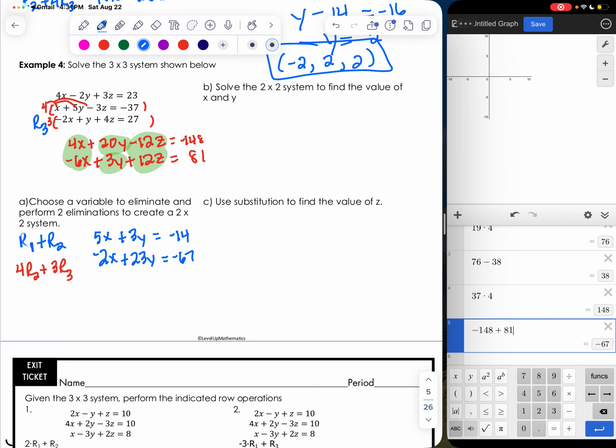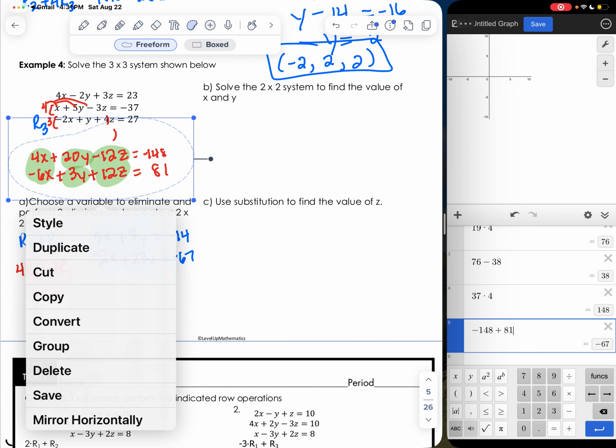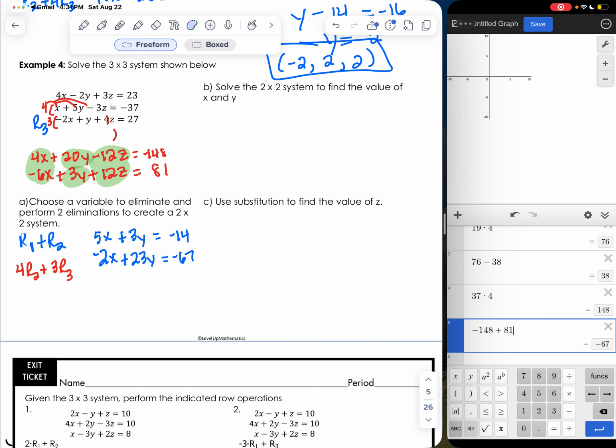All right, so those are the two equations I'm going to use to create my 2 by 2 system. So 5x plus 3y equals negative 14, and negative 2x plus 23y equals negative 67.